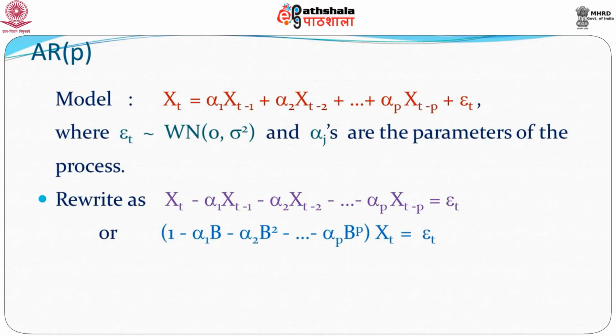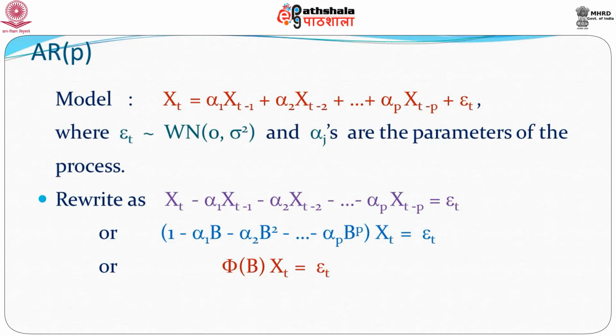Now, if we define b as a backward shift operator, which really means that b of x t is x t minus 1, b square of x t is x t minus 2 etc., then we can write this as 1 minus alpha 1 b minus etc. minus alpha p b to the power of p into x t equal to epsilon t. Or in short, we will define this as phi b into x t equal to epsilon t.